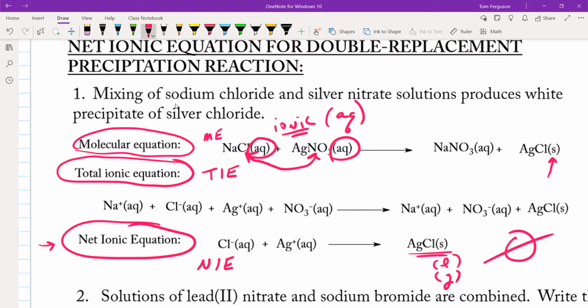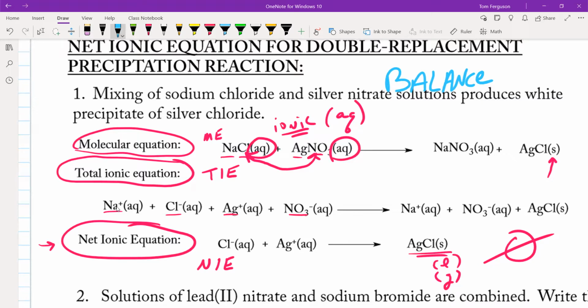The total ionic equation pulls apart the two solutions into their cations and anions, and lists them separately. Now, we have to always balance these equations too. So is this thing balanced?